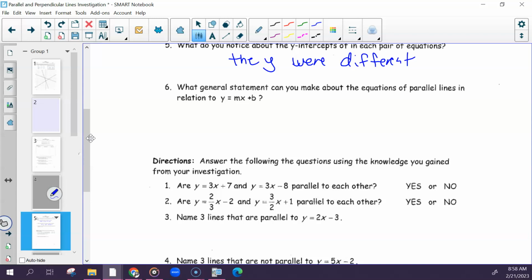What could we say in general about parallel lines, about the slopes and the y-intercepts? So I'm going to add a little bit more context to that. The m, the slope, will always be the same. And then the b, the y-intercept, will always be different.